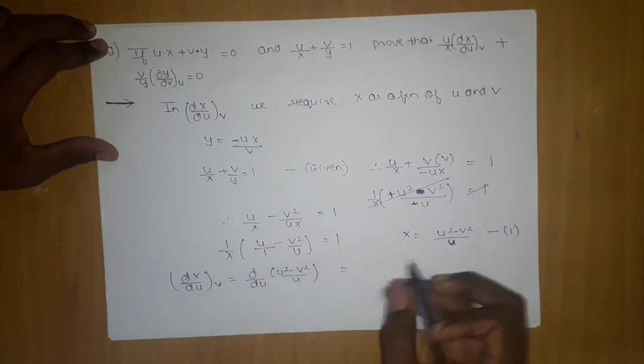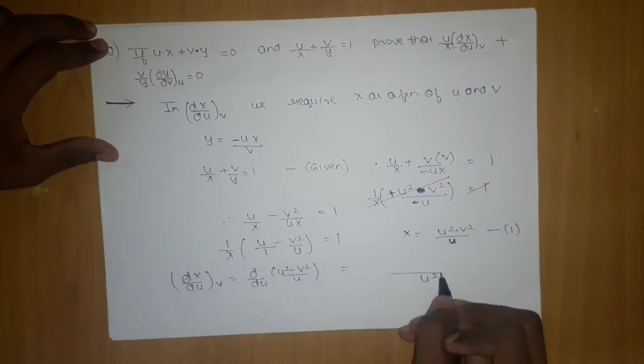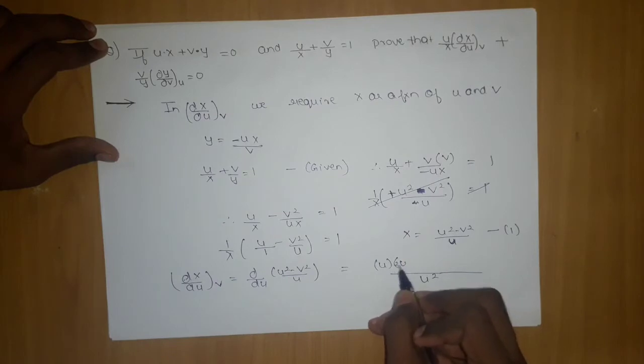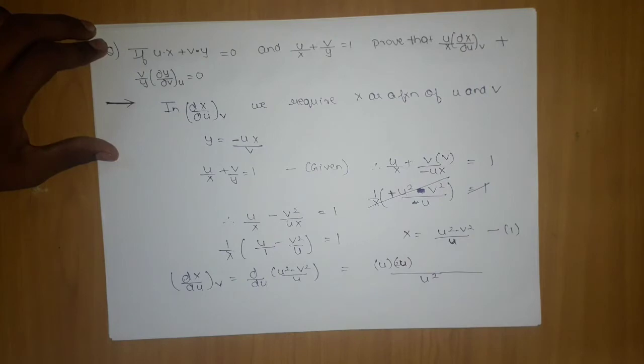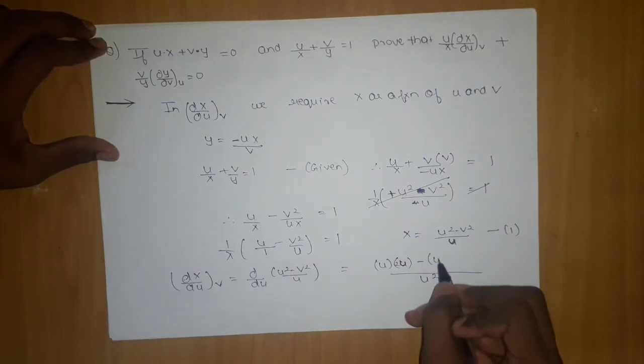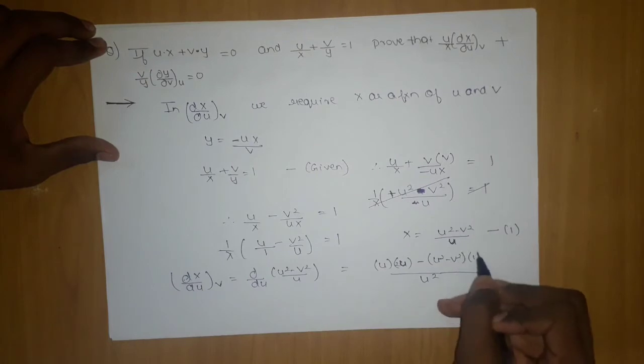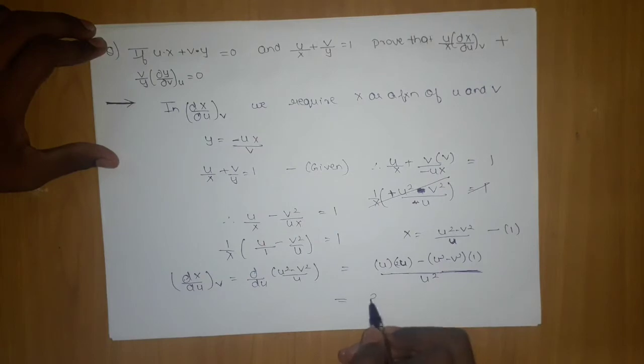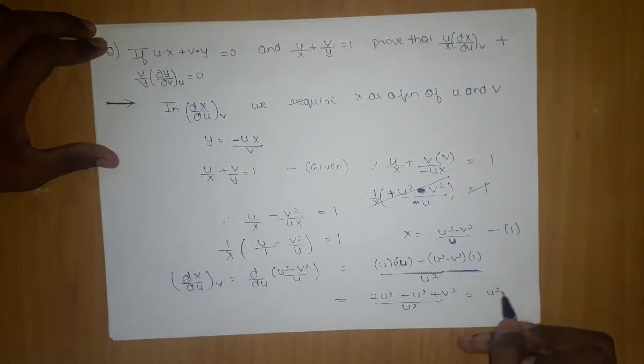Differentiating, I get u into 2u minus u square minus v square into 1, all over u square. If I simplify this, 2u square minus u square plus v square by u square, I will be getting u square plus v square by u square. Call it 2.